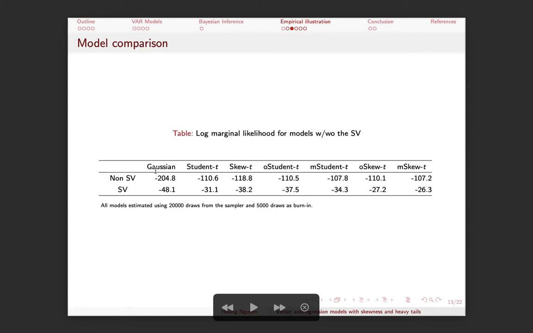And if we move from Gaussian to more complicated distributions, we will see that the marginal log likelihood improves over the Gaussian in this case. Interestingly, the models with OSQT and MSQTs have the maximum log marginal likelihood, and then are preferred over the Gaussian and the Student cases.